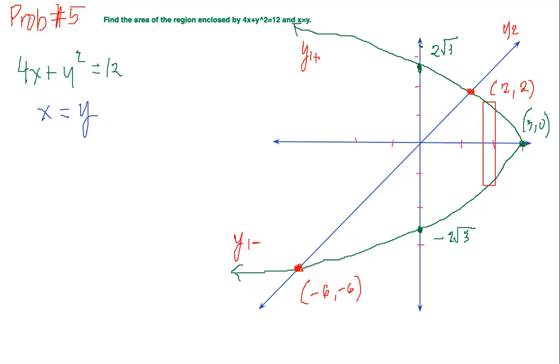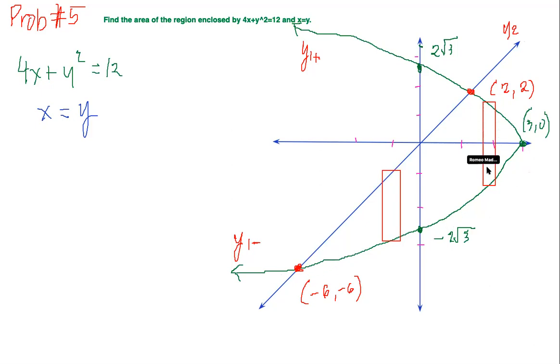Let's do it again. Let's put our vertical rectangular strip here. Here we go, so that is our second rectangle, the vertical rectangular strip. In this rectangular strip, it touches the y sub 2 and the y sub 1 negative.